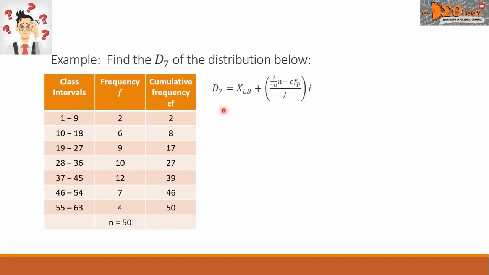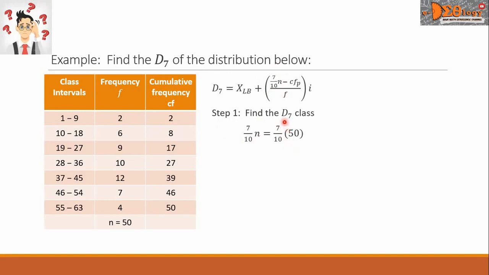Now let us write the formula for the d sub 7. Now for step 1, let us find the 7th decile class. Let us compute this value, 7 over 10 times n. Substituting the value of n, we have now 7 over 10 times 50.